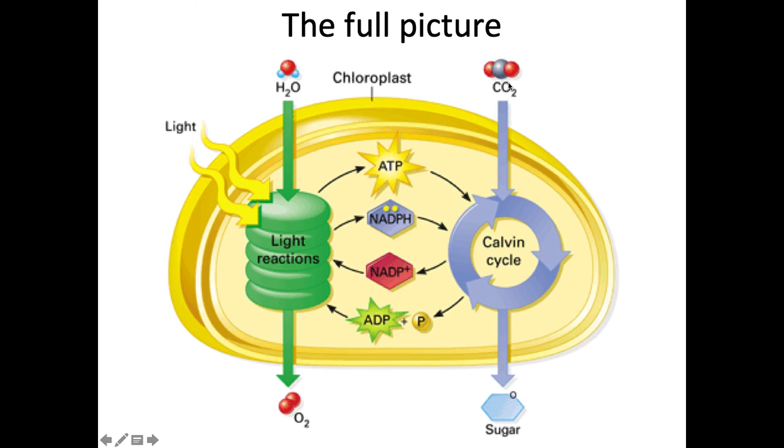At the end of each cycle, we end up with an empty taxi again, an NADP+, and a dead battery, an ADP and P. Those can go back to the light reactions to be recharged and pick up new electrons. That's why this is a very elegant cycle that is self-sustaining as long as we have access to water, carbon dioxide, and sunlight. Those electron carriers and energy are able to cycle through.